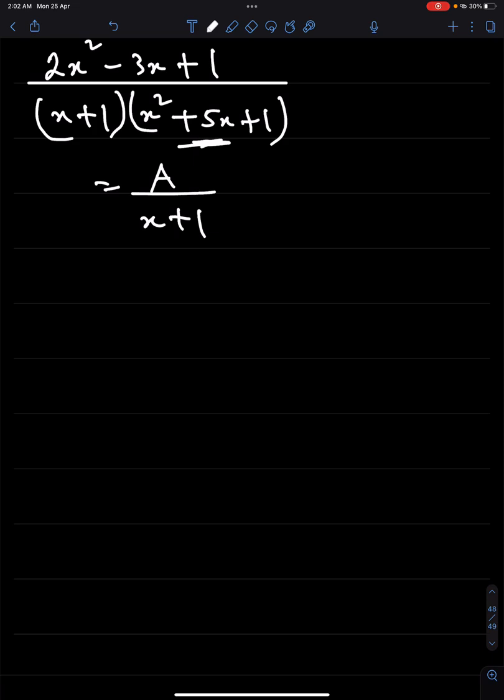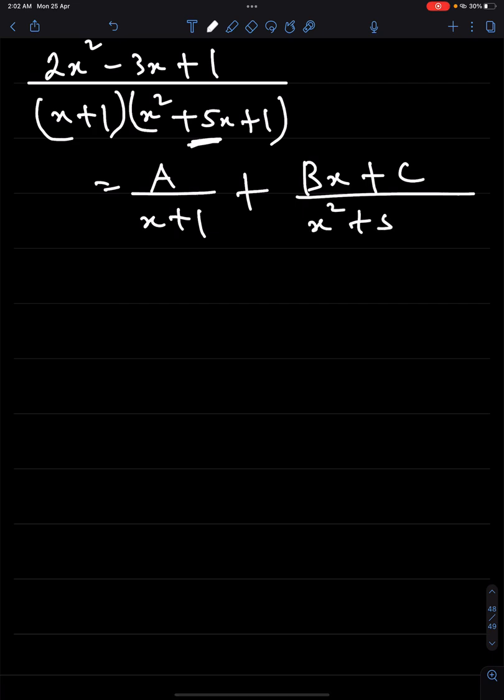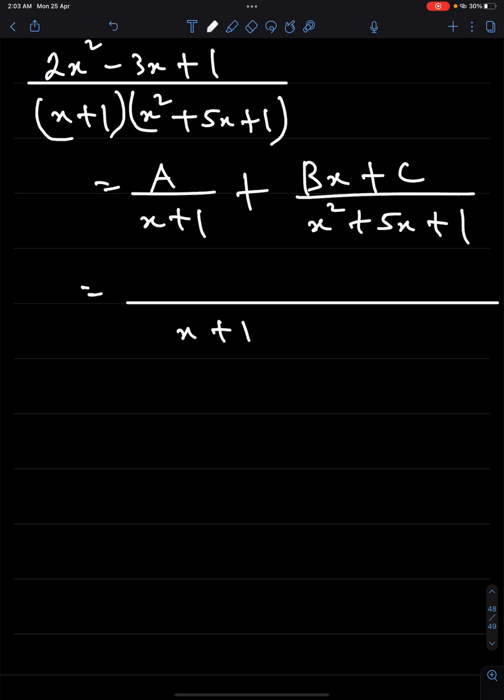So here, the second factor is a non-factorizable quadratic factor. Its partial fraction will have a linear factor, bx plus c, and not just a constant, over x squared plus 5x plus 1. That simply means we can combine the two fractions now. The LCM of the denominators will be the product x plus 1 times x squared plus 5x plus 1.